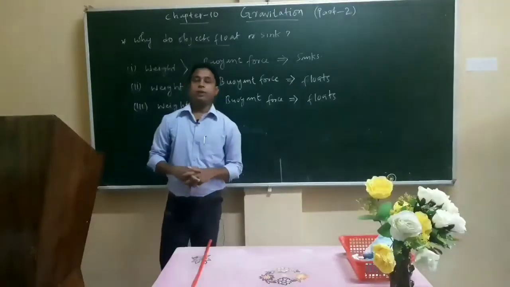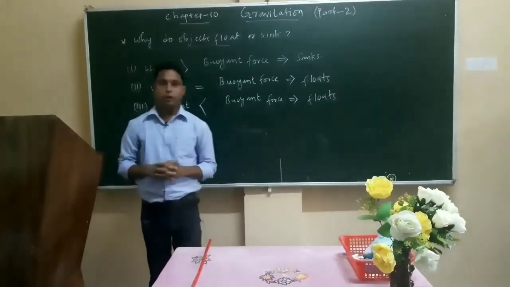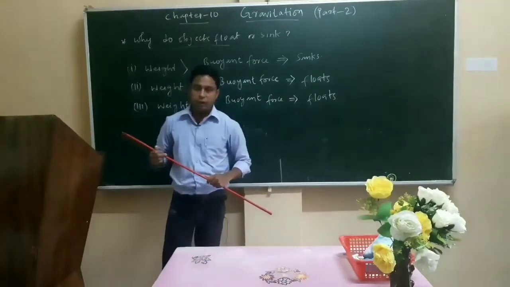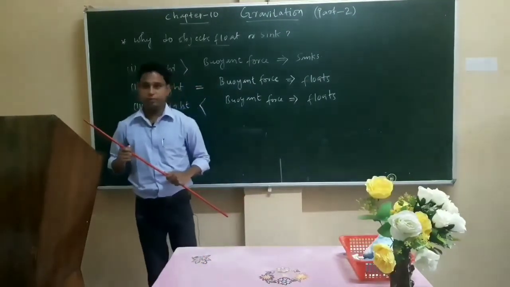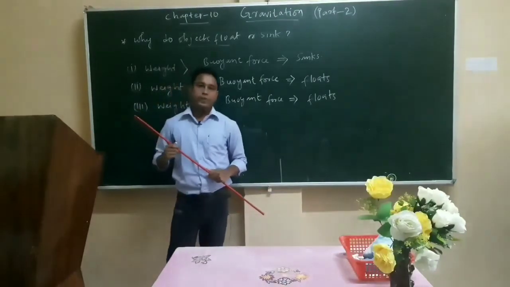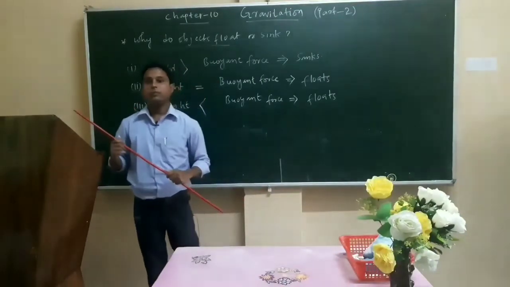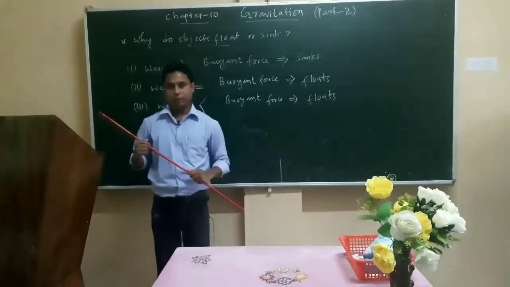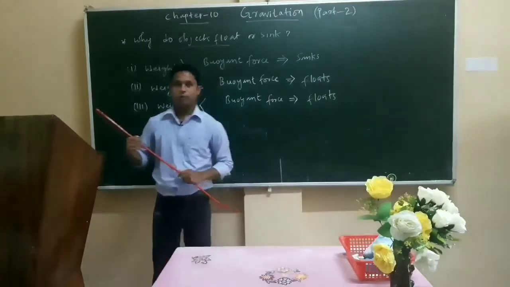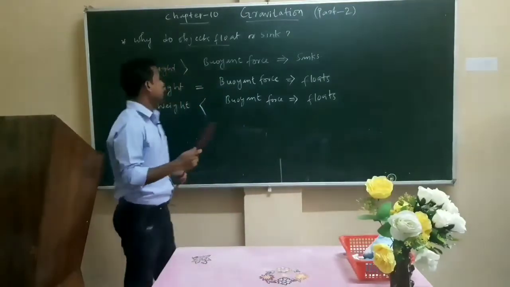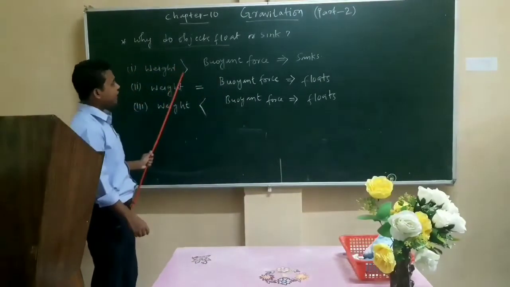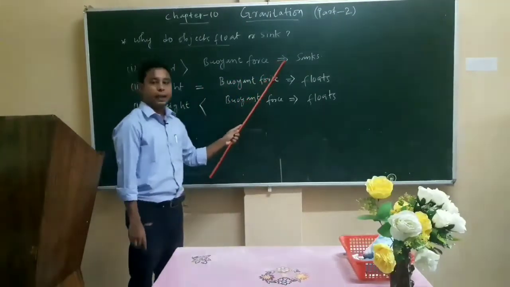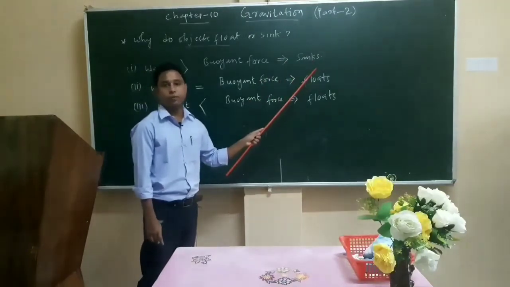Okay? Now let us see why objects float or sink. When an object is put in water, two forces act on it: the weight of the object acting downwards and the buoyant force acting upwards. Clear? If the weight of an object is greater than the buoyant force of the fluid, then the object sinks in that fluid.